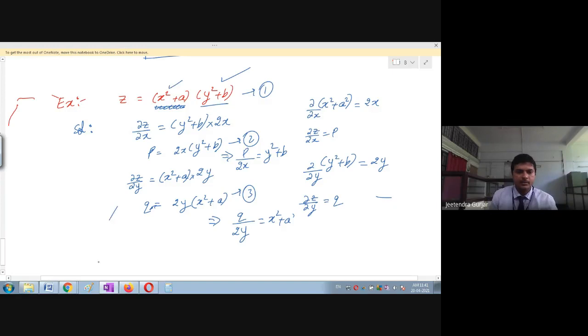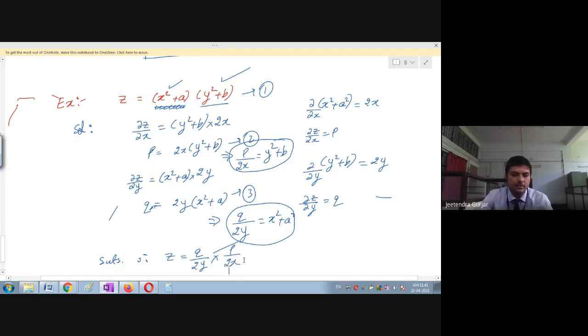Then I will just substitute in equation 1. Therefore, you can see z is equal to x square plus a, which I have calculated as q upon 2y, into the next, y square plus b, that is p upon 2x.